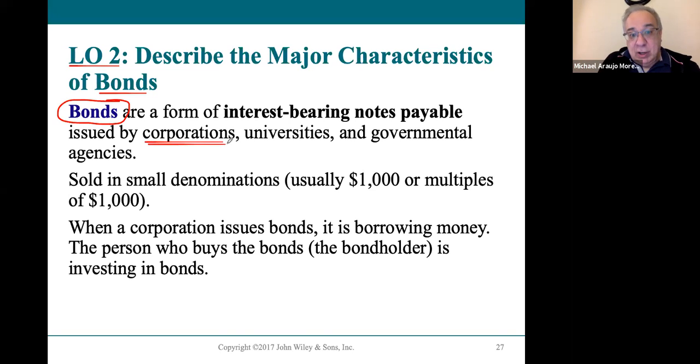Corporations are a very large player in the bond market. So is the federal government. We were just talking about the national debt earlier. Well, most of those are in the form of bonds, and so they're a big player in the bond market. But so are state and local governments. They also go to the bond market to borrow money quite frequently.